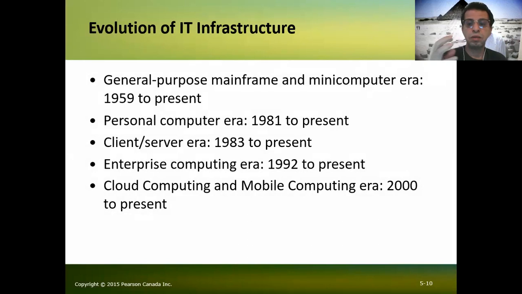You know, we saw some videos in the 70s of how IBM was so proud to have a 3GB processor for their big mainframe. So in general, the evolution of IT infrastructure started with general purpose computing. It was the mainframe and minicomputer era, in 1959.